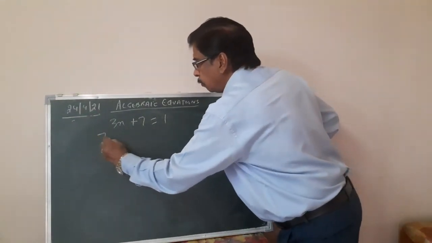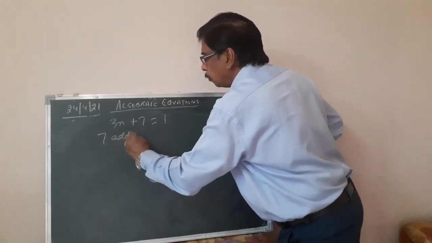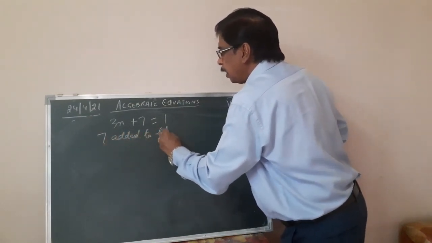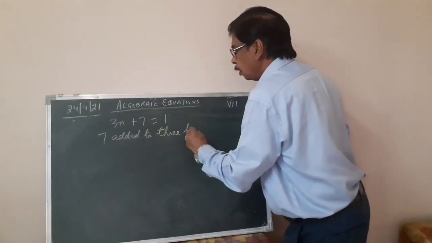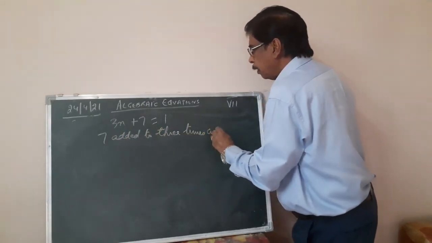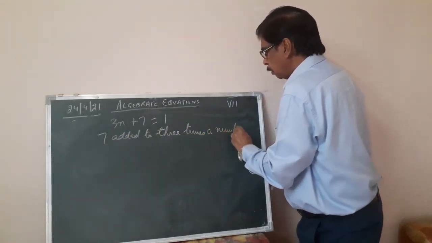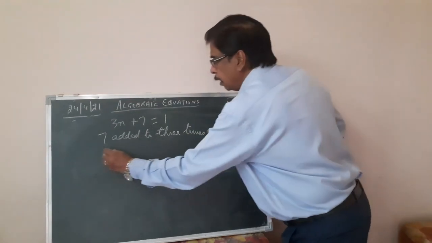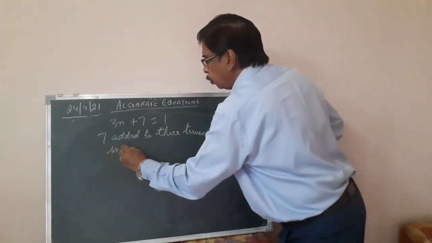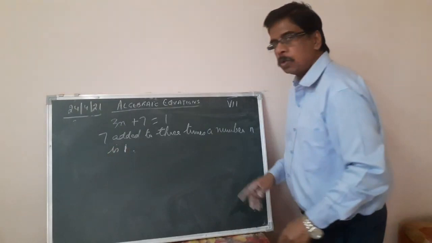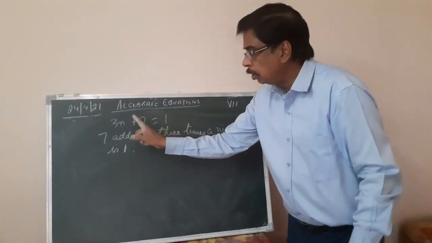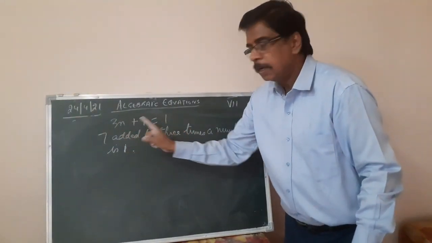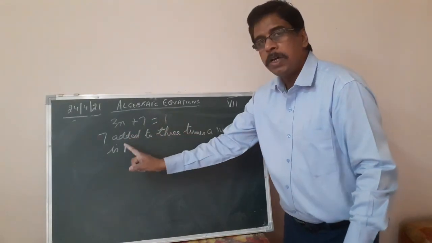So 7 added to 3 times a number n is equal to 1. So 7 added to 3 times the number n gives us 1, or is equal to 1.